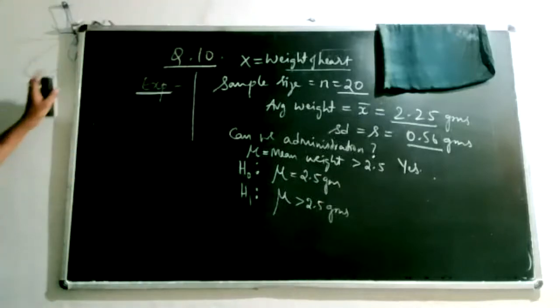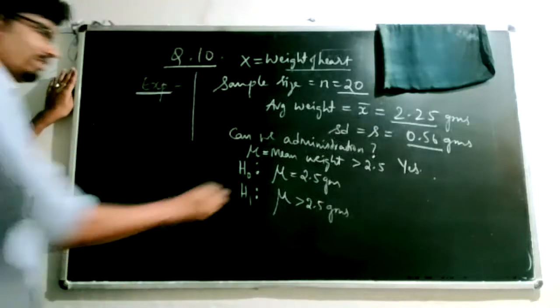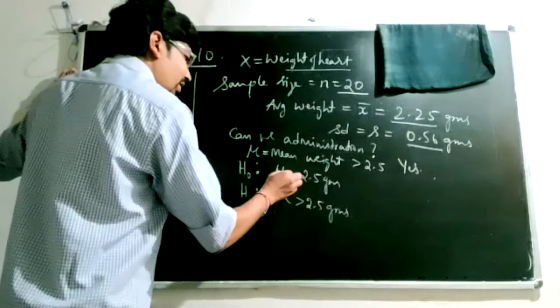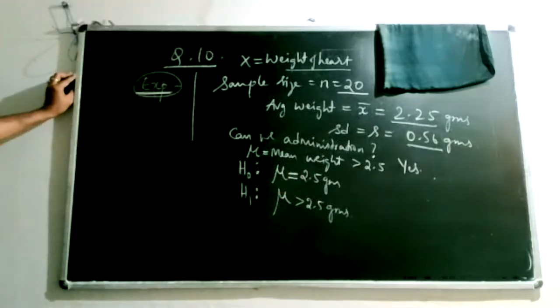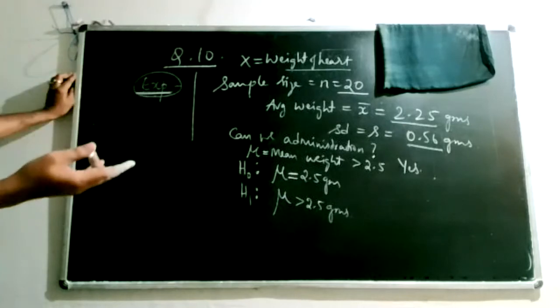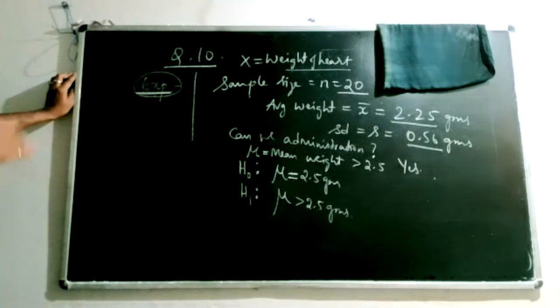Why are we writing the hypothesis like this? As said, we are using the experimental set of rats. We are providing them with sufficient nutrients so that their body weight, heart weight, everything will go up, so that certain drugs could be tested on them.